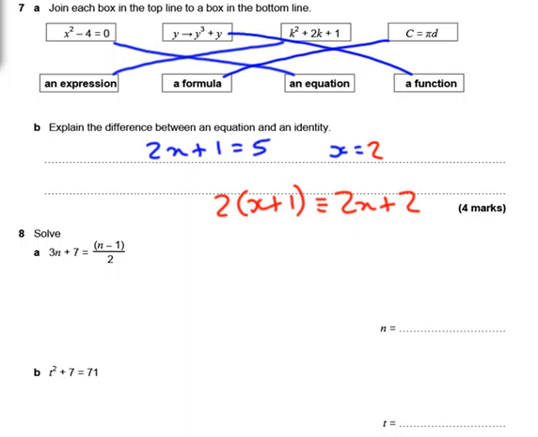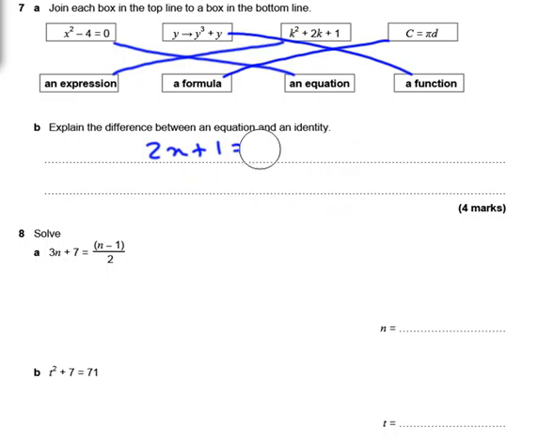Now if I change my x value, let's say I go for 10. 10 add 1 is 11 in the bracket, 11 times 2 is 22. If I put 10 here, 2 times 10 is 20, add 2 is 22. So it'll always work.